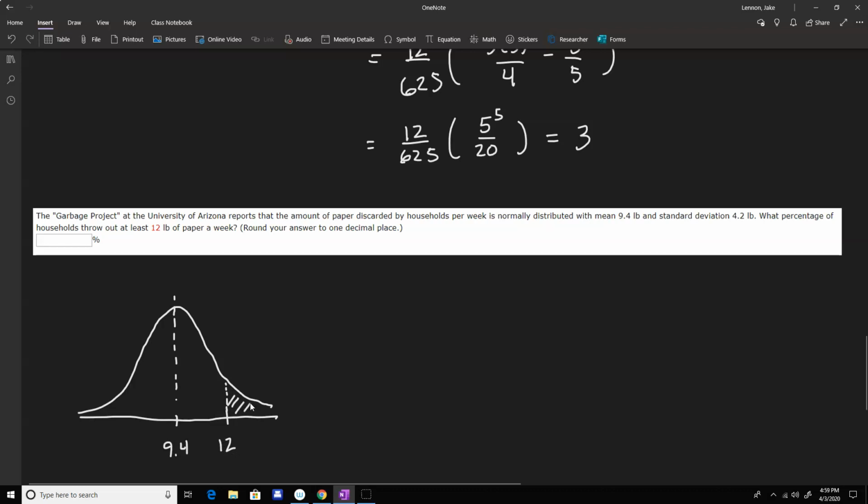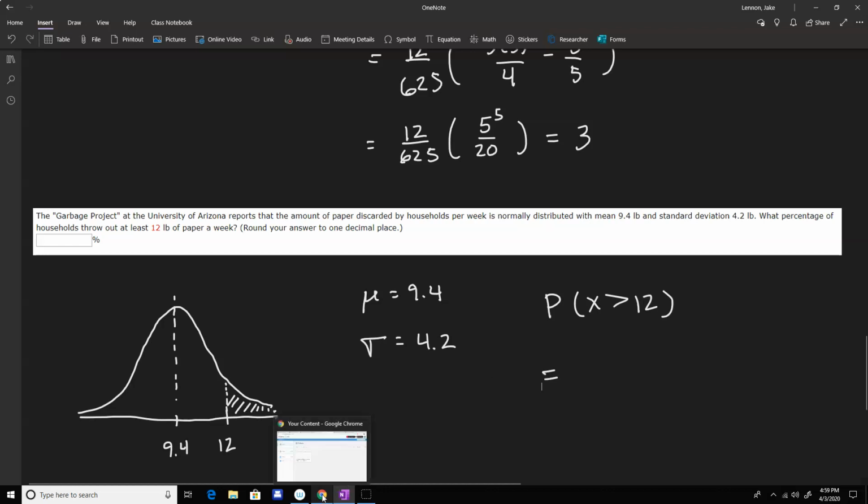So we basically want to figure out this area right here on a normal distribution. So basically we know that the mean mu is 9.4, the standard deviation, which is normally lowercase sigma, is 4.2, and then we're trying to compute the probability that x is greater than 12.